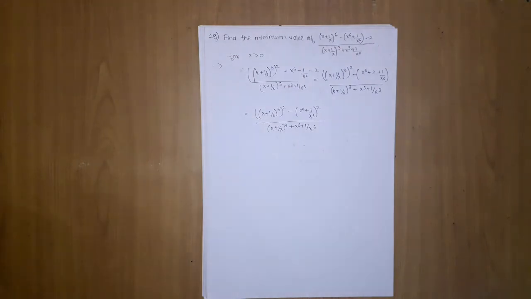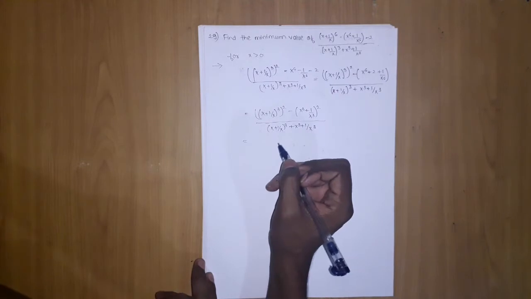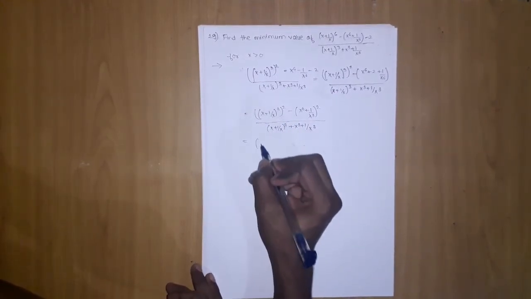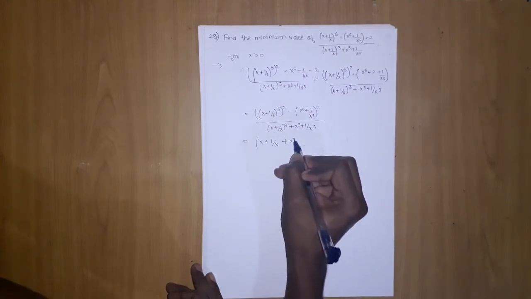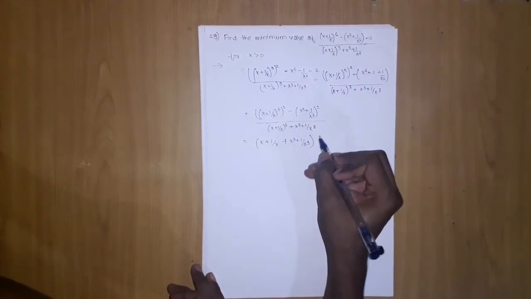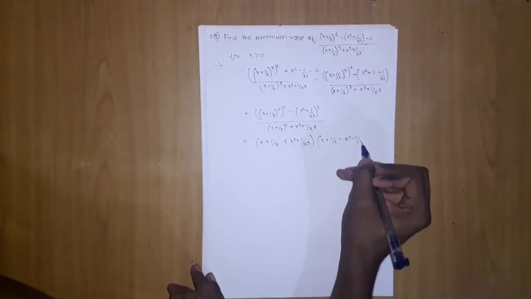Moving on further, here we can apply a square minus b square. So (x plus 1 upon x) plus (x cube plus 1 upon x cube) is the same term as before, and the other will be (x plus 1 upon x) minus (x cube minus 1 upon x cube).